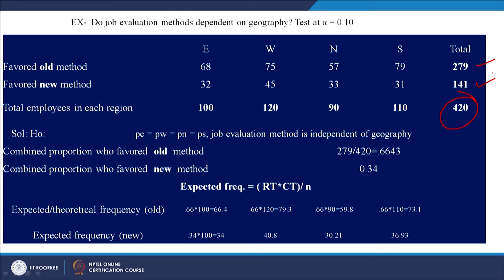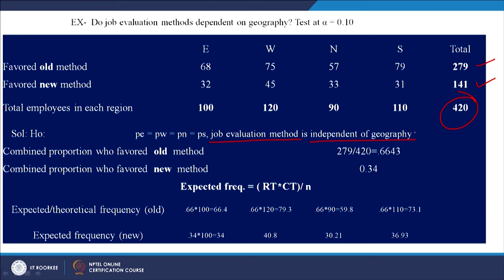So, the null hypothesis is this: the job evaluation method is independent of geography. You can frame your null hypothesis in this way.